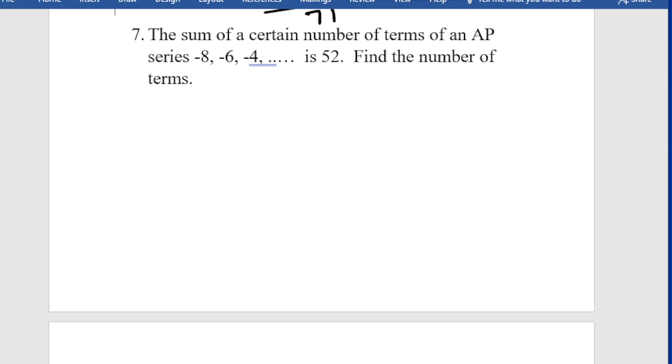Here the last term is not known. Only the first term is given and the difference is known. So from the progression we can write the first term, it is minus 8, and d is minus 6 minus of minus 8, which is 2. T2 minus T1, d is 2.